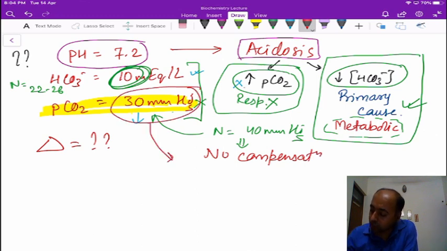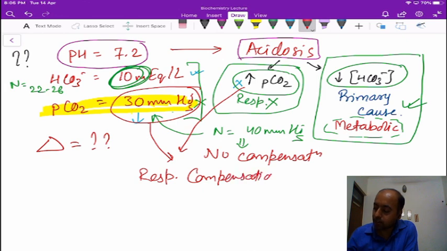It has gone in the opposite direction. Therefore, we say that respiratory compensation has occurred. So this is metabolic acidosis with respiratory compensation.